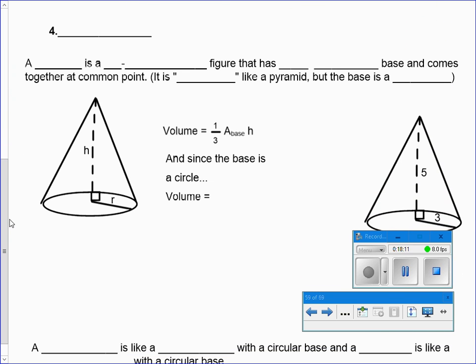Last one of our three-dimensional figures is called a cone. So a cone is another three-dimensional figure, and this one has one circular base. It comes together at a common point.